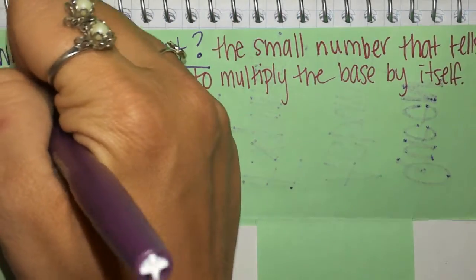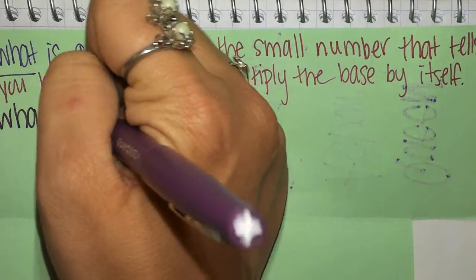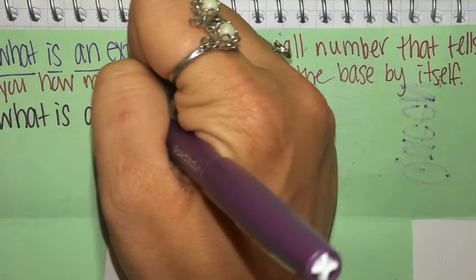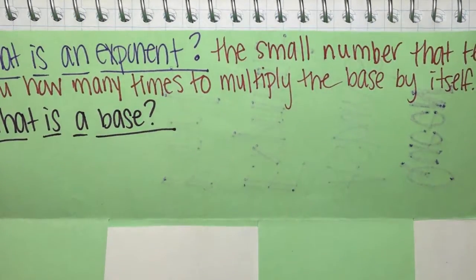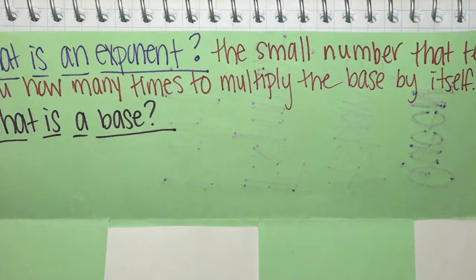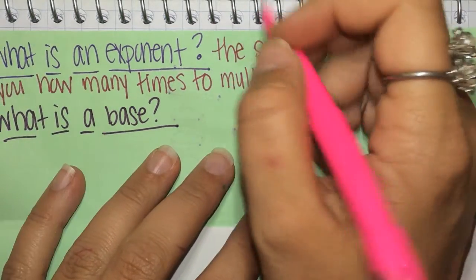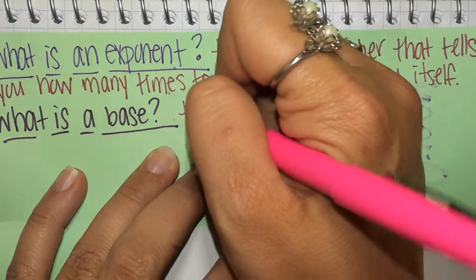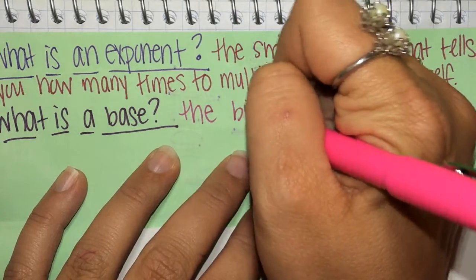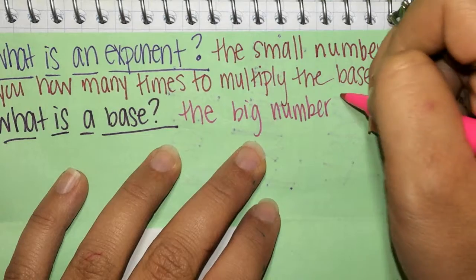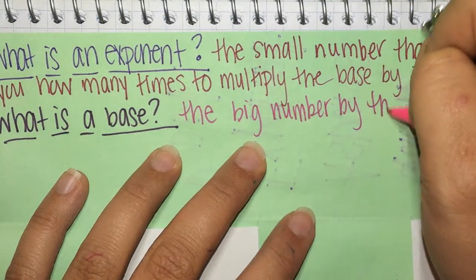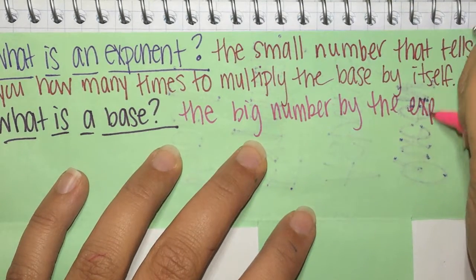So let's write what is a base. What is the base? The big number, the number that is multiplied by the exponent.